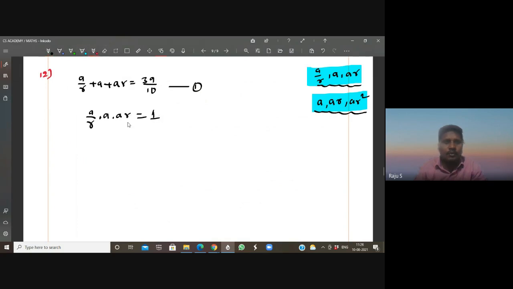So what do you observe here? R gets cancelled, which implies A cube is equal to 1. A equals 1 is one root, and the other two roots are omega and omega square. Did you get an idea?